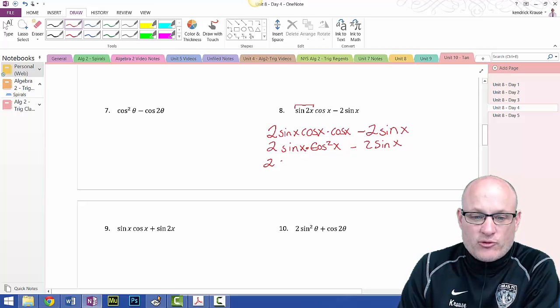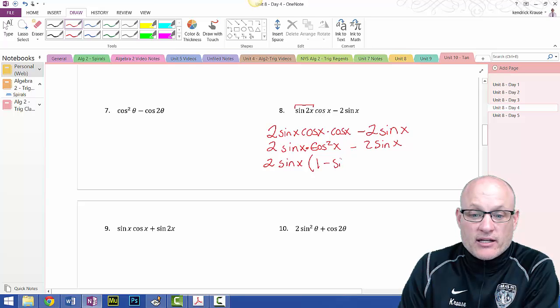So this should be 2 sine x times 1 minus sine squared x, because remember, we can replace cosine squared x with 1 minus sine squared x. So minus 2 sine x. We're almost done.